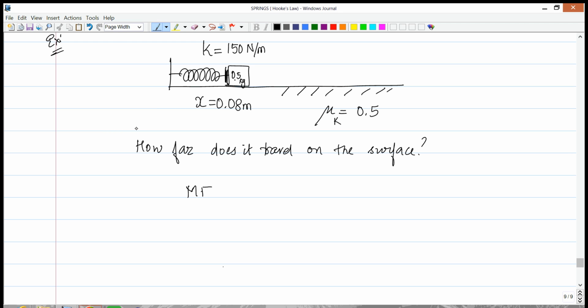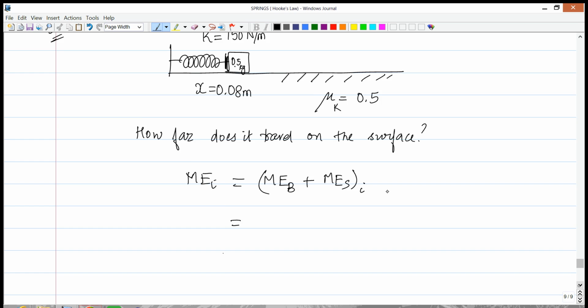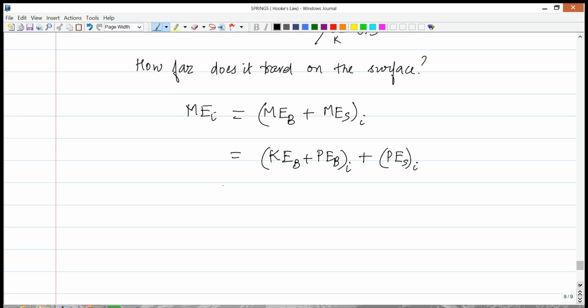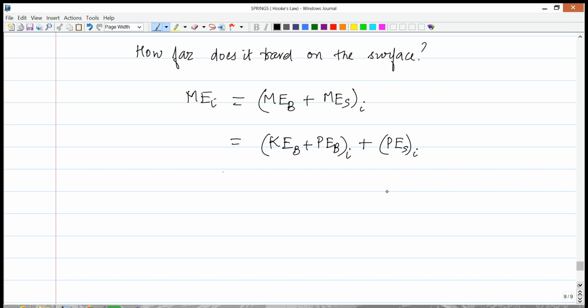So let's first find out MEI. In the beginning, MEI is going to be the ME for the block plus the ME for the spring. The block has both KE plus PE, the kinetic energy and the gravitational potential energy of the block, plus the spring only has potential energy. It has no mass, so kinetic is 0 for the spring.